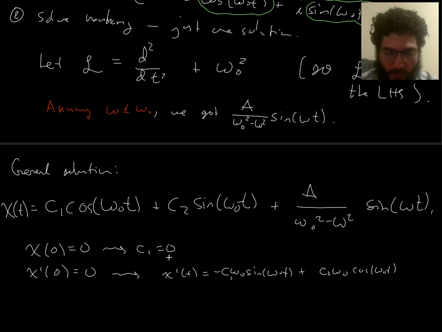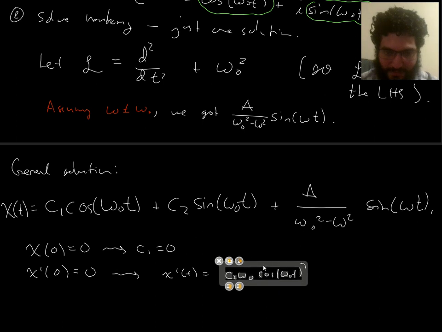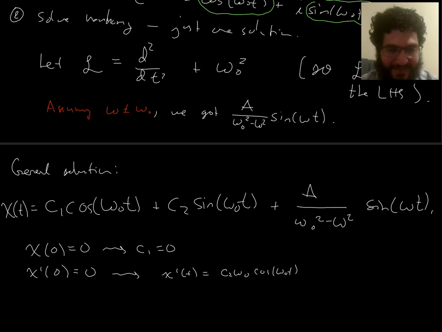Oh yeah, but didn't I already decide that C1 is 0, so I don't care about this. I'm just trying to take the derivative of this, and I already know C1 is 0, so this term is already dead. And I've got C2 omega naught cosine omega naught t, that's the derivative there.